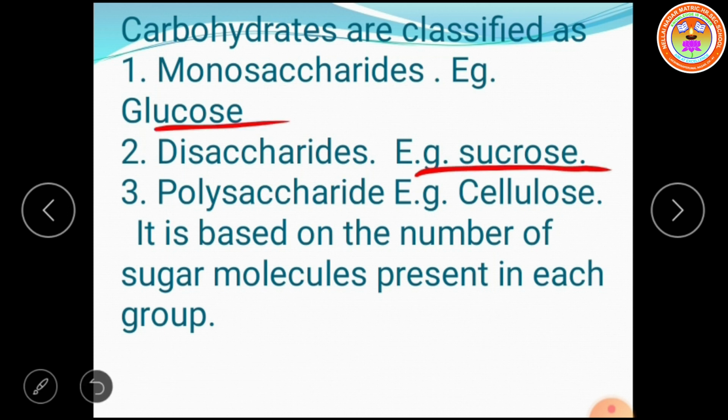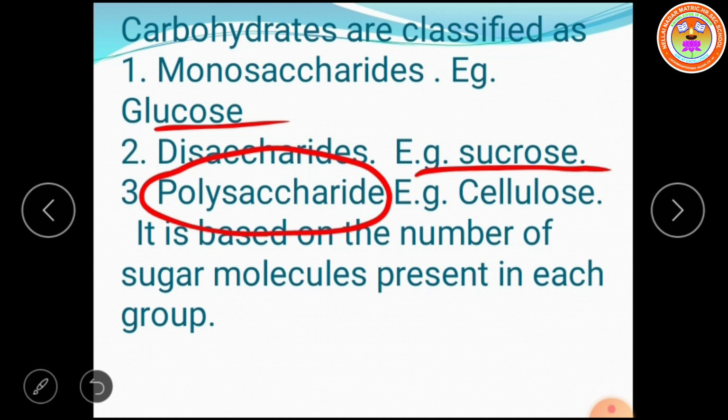The next one, polysaccharides. Poly means numerous. Many monomers of glucose units arranged in a chain-like structure are called polysaccharides. An example of a polysaccharide is starch, obtained from wheat and rice.